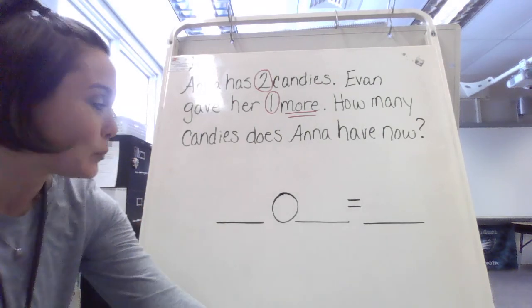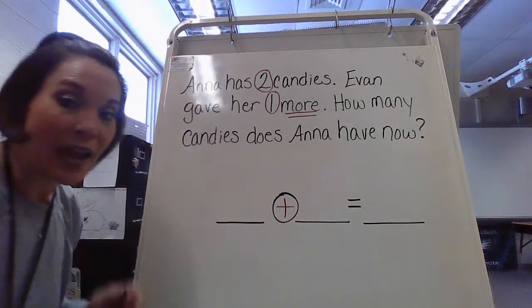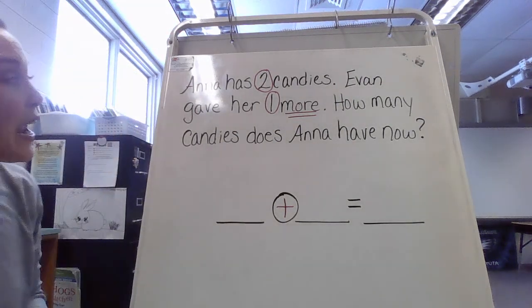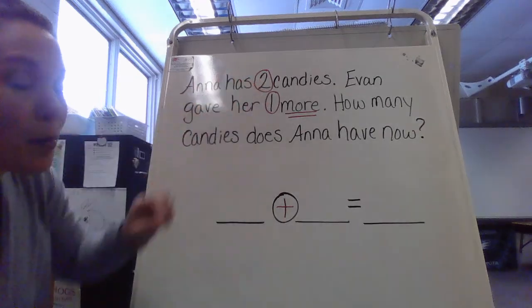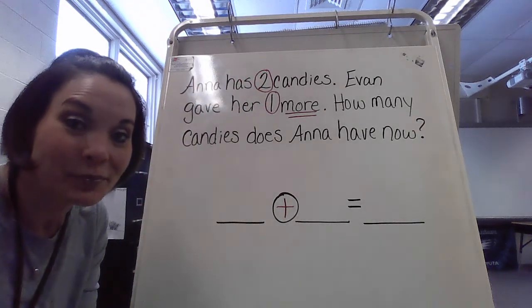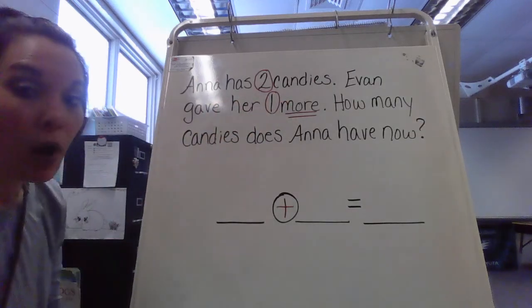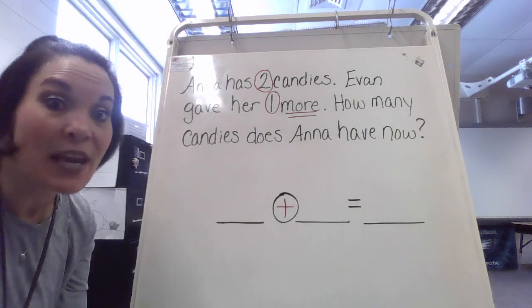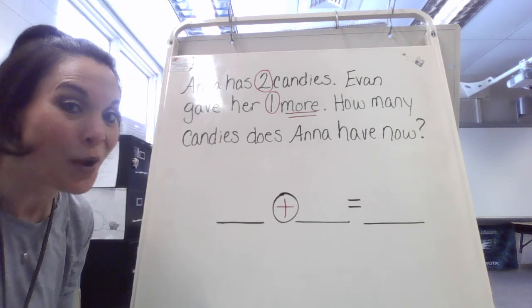So I'm going to put a plus sign because I'm going to make a number sentence, and I have to use the very important numbers that I circled. If she started with 2 and then she has 1 more, I have to count everything up. But don't worry, I'm going to show you some pictures to help us out.